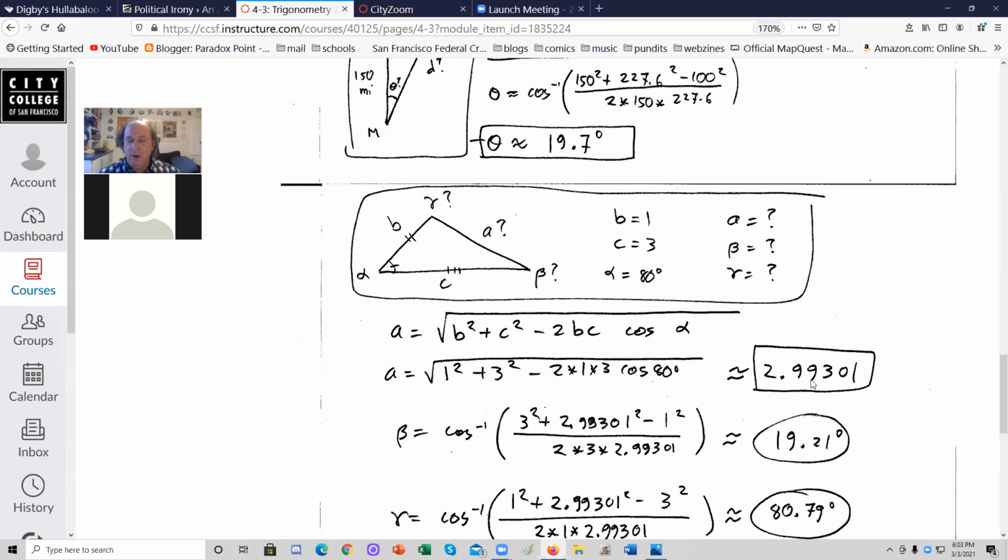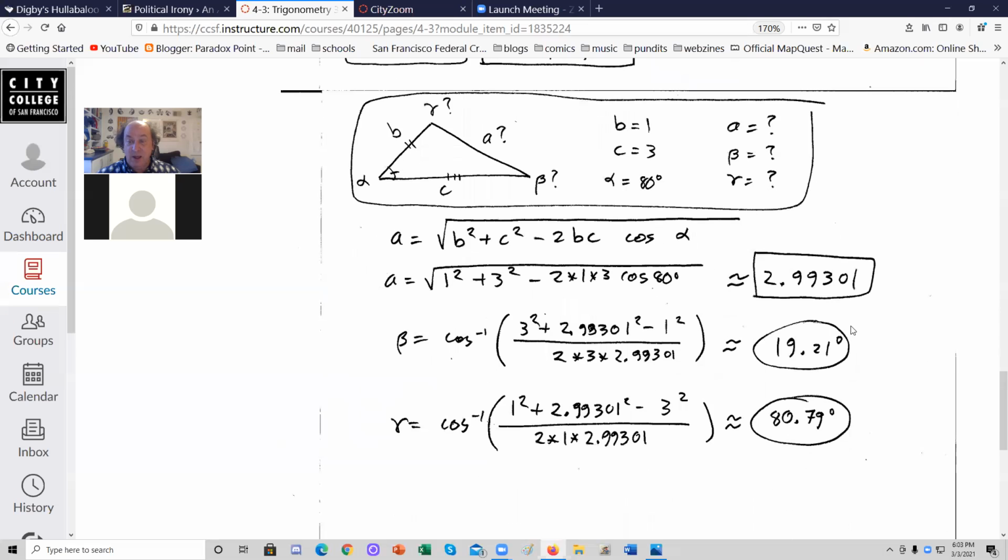Push the button, about 2.99301, and I suppose that's way too many decimals of accuracy, because really these don't have any decimals at all, so maybe I should say 3, but no, 2.99301 is more than enough, and I'll keep that. So we have three sides, 1, 3, and 2.99301.